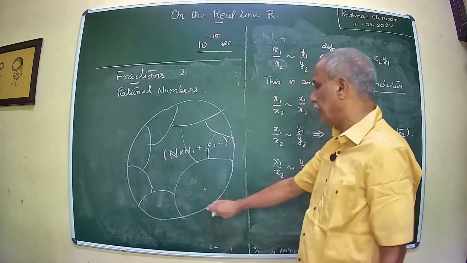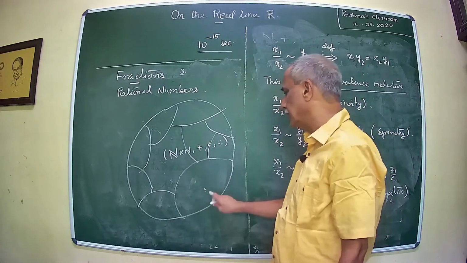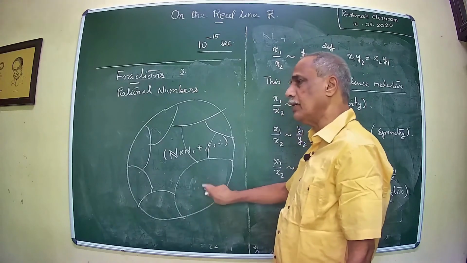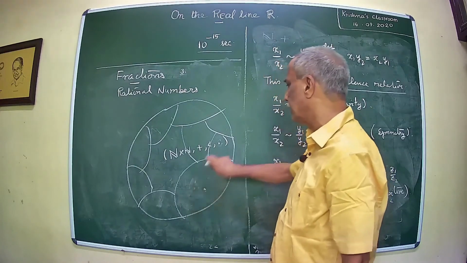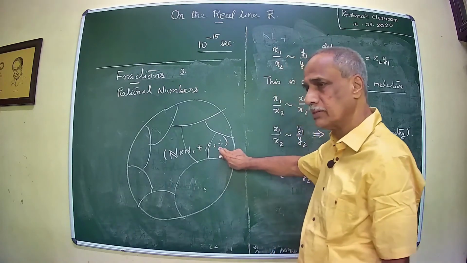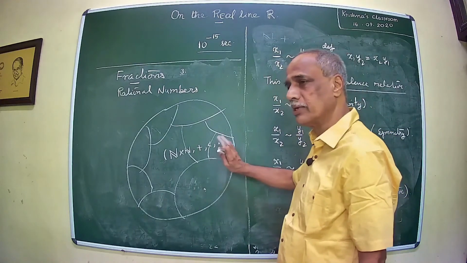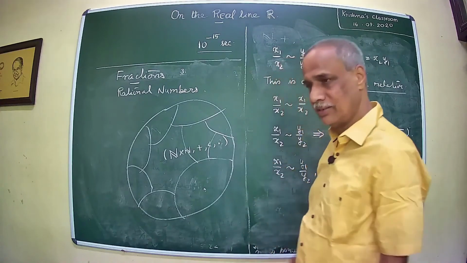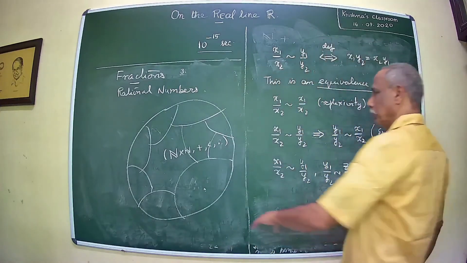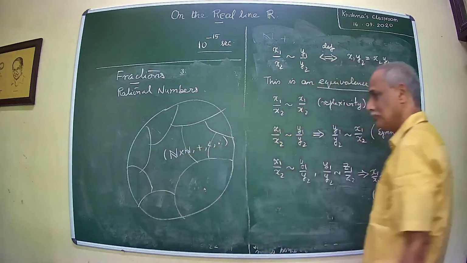If you take one such subset, it will contain only elements which are equivalent to each other. If you take one element from one set and another element from another set, they are not related at all through this equivalence relation. That's how this breakup comes.